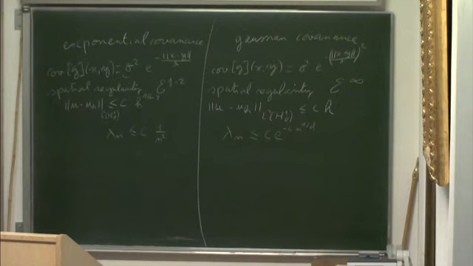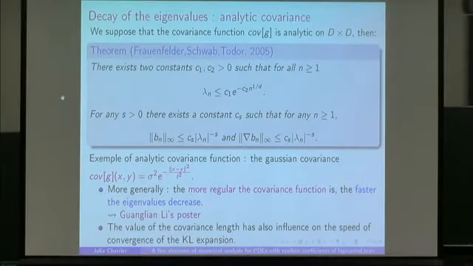And if you saw this poster on Monday, she presented some recent results which improve the previous results on the decrease, but not in the analytic case; it's more in the case like this.